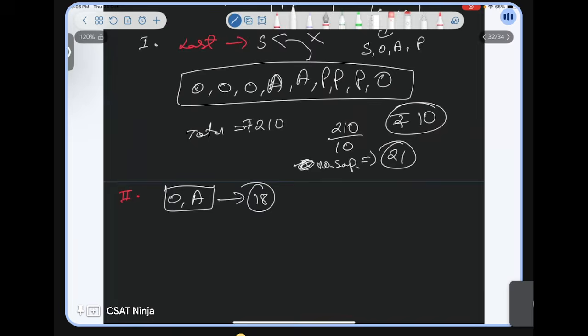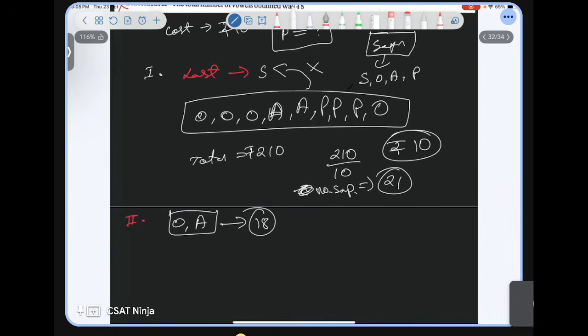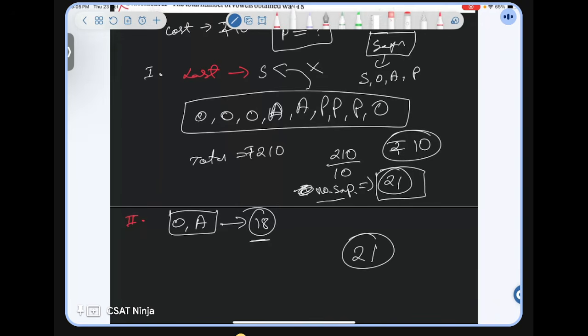If we combine these two, statement number 1 says there is a total of 21 soap packets. Out of this 21, the last packet contains S, right? That means I'll remove that, which gets us 20.